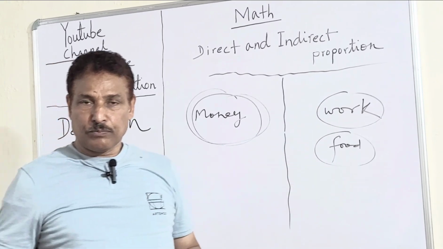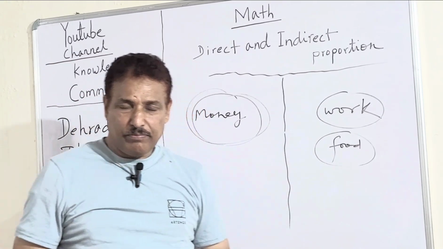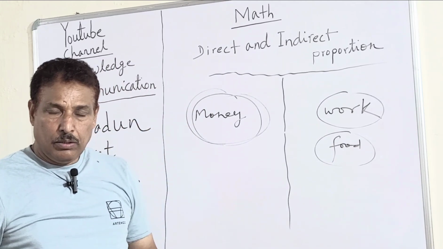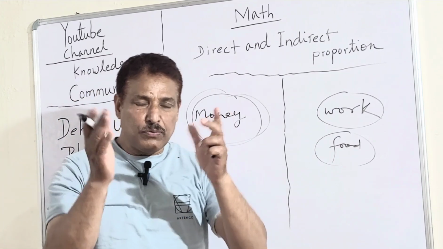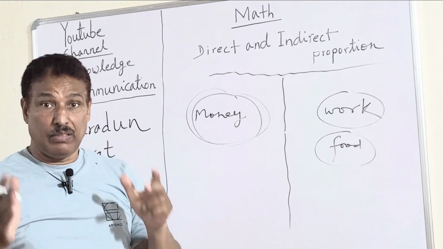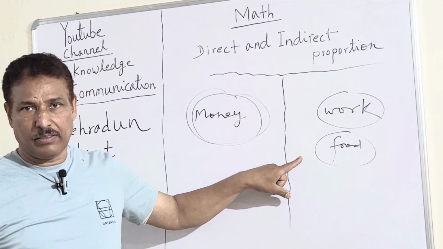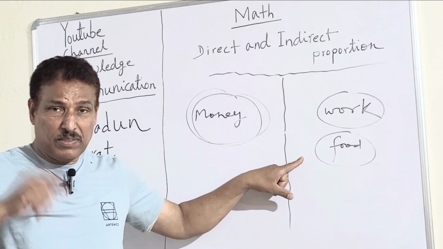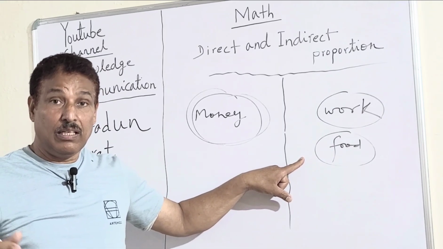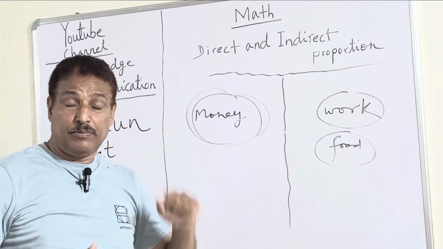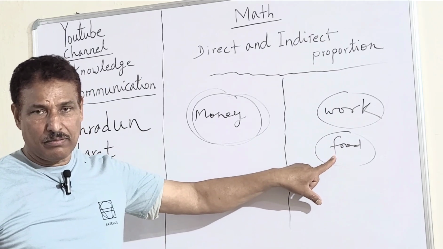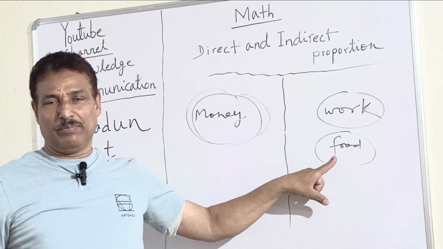Again, food. Suppose there is a garrison, where soldiers stay. You have got some amount of food, and the food you arranged is for 100 soldiers. But what happened? All of a sudden, in place of 100 soldiers, 500 soldiers arrive at the garrison. What will happen? They will finish that provision, that food, in lesser time.